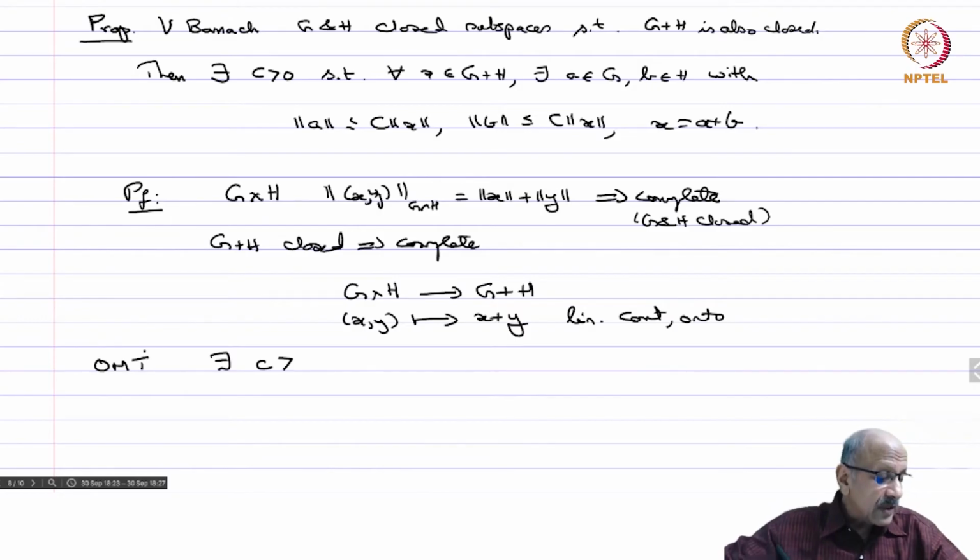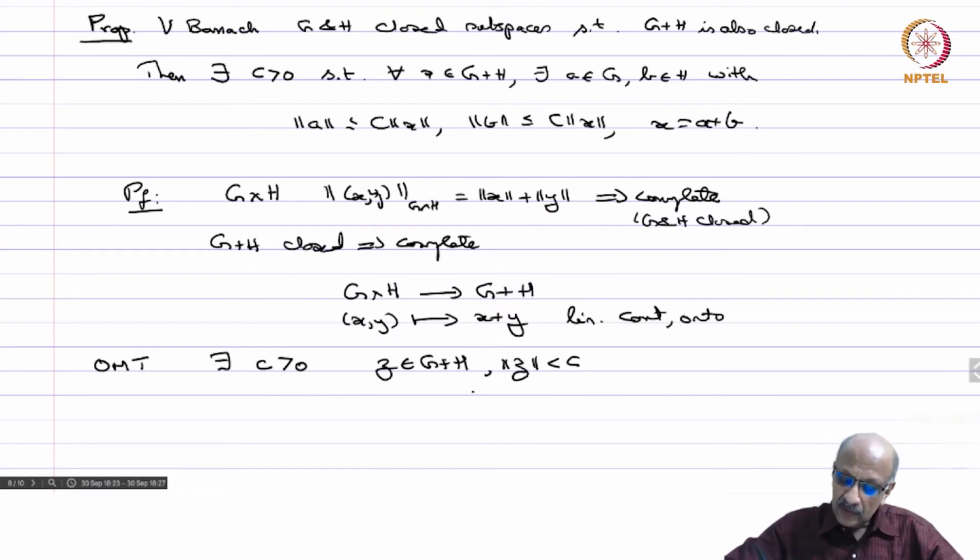So there exists a C positive such that Z in G plus H, norm Z less than C, that means it belongs to B0 C in G plus H, then that must belong to the image of the unit ball.